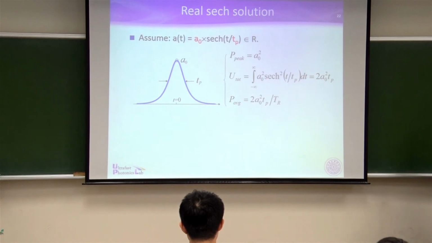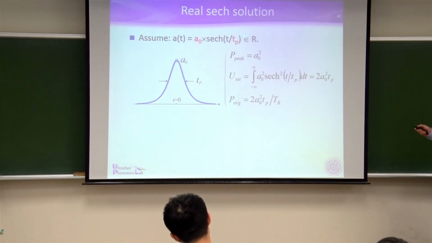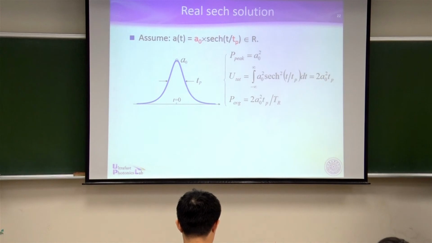So the quick answer is, the solution to that nonlinear equation is like this. Sech, the hyperbolic secant solution. A0 is the amplitude of the sech. Tp is the width of the sech. Okay, so A0 and Tp are two unknown constants, but the shape is a fixed sech.